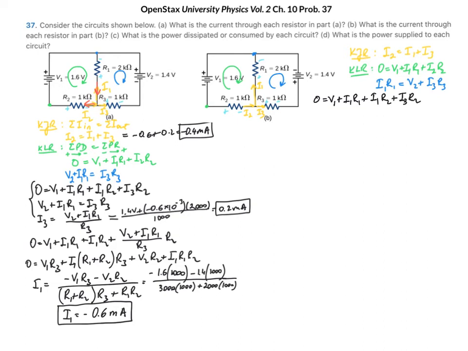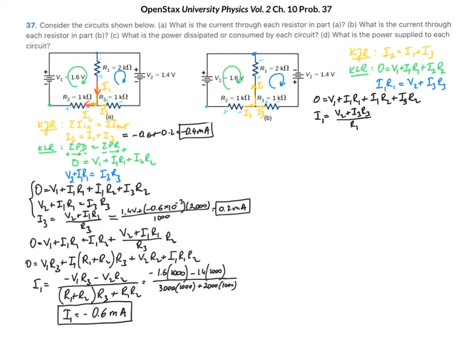And then from the second equation, how about this time I solve for I1? So I1 is going to be V2 plus I3 R3 divided by R1. And I'll substitute the I1 into the green equation.